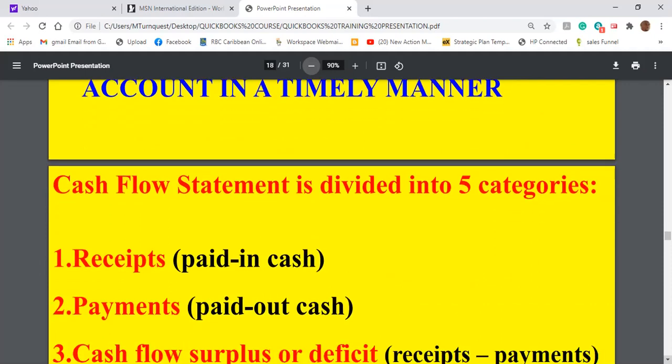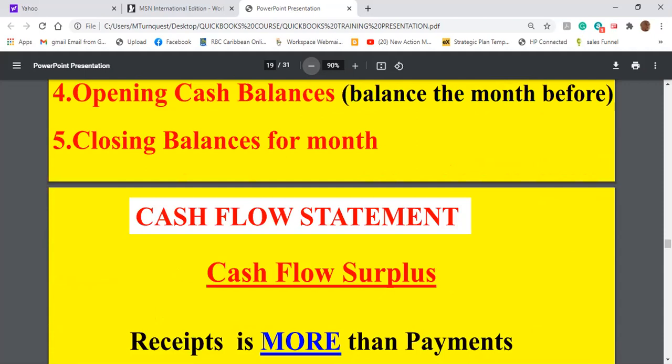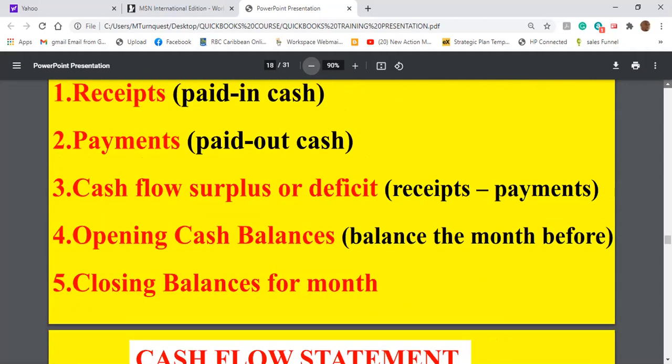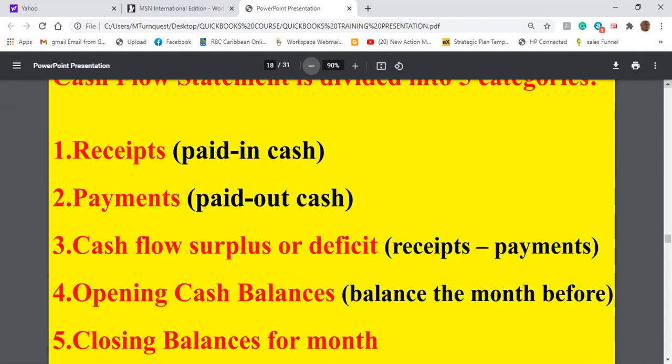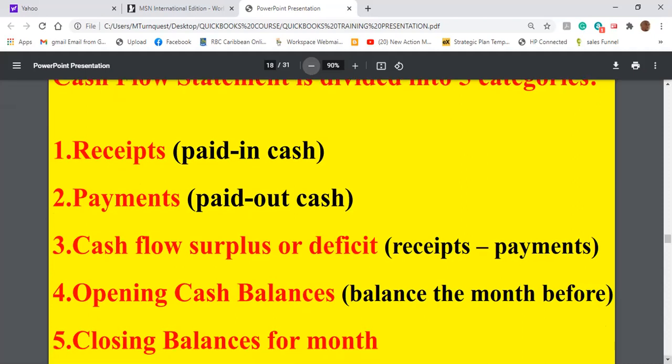And this is basically the 5 areas of the cash flow statement. Paid in cash, paid out cash, and of course the formula is cash flow surplus or deficit.